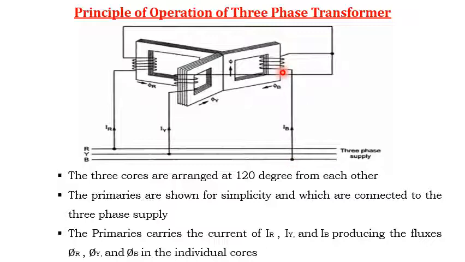Once the supply is given to the primary winding, the respective currents flow through the phases. The current flowing through the R phase is represented as I suffix R, the current through the Y phase as I suffix Y, and the current through the B phase as I suffix B. Obviously, as we know, these currents will magnetize the core.